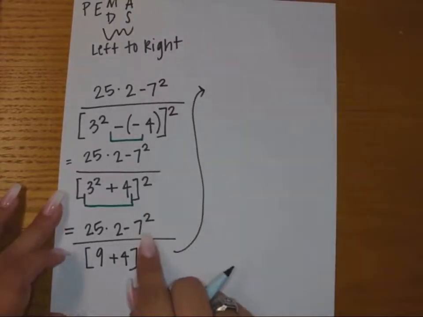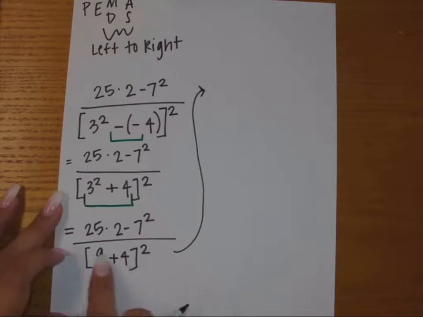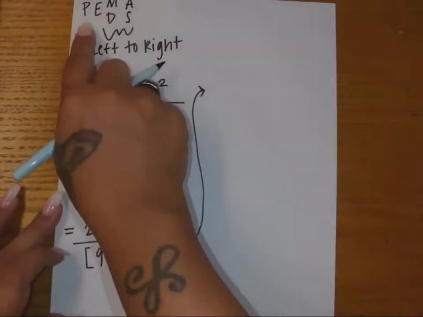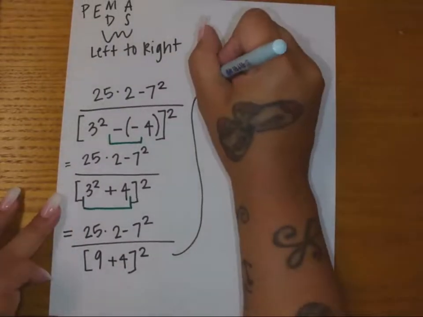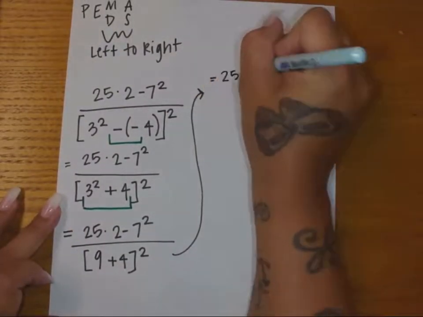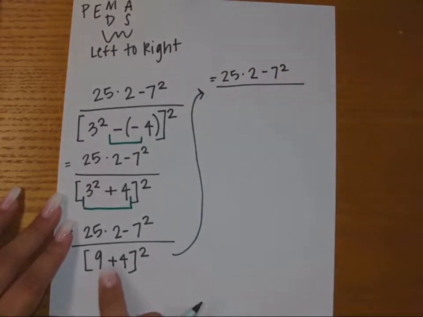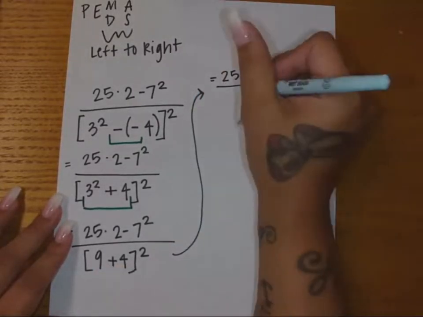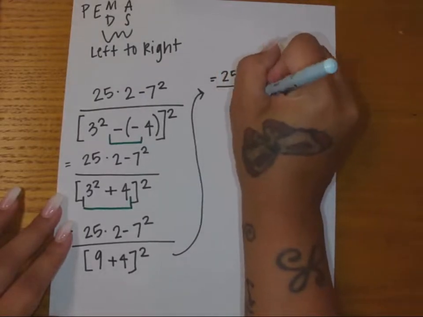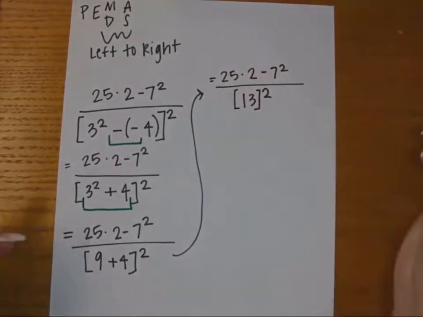Let's finish working with our brackets because those are technically parentheses following the order of operations. We have 25 times 2 minus 7 squared over 9 plus 4, which is 13, and that's going to be squared.